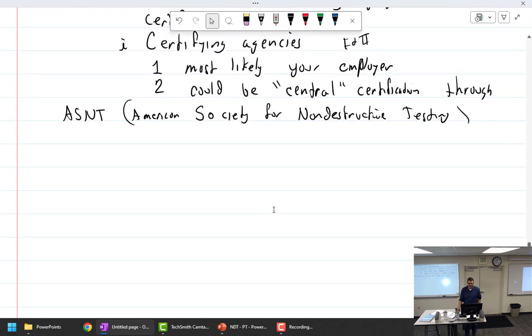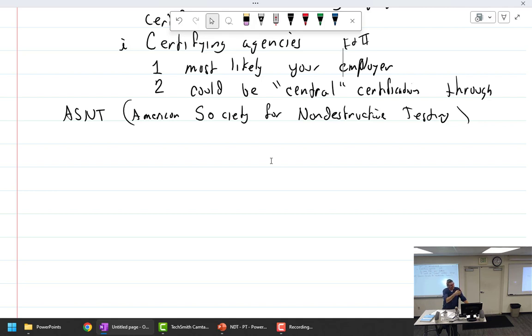ASNT has somewhat recently come up with a central certification, where instead of going to your employer to get certified... Say Mather Aviation sets up a program. I'm using Mather because I've always liked Mather, and the guy Vic who owns it, I think he's a cool dude, and a great company. He decides to set up this certification, and he gives Duke level 2.